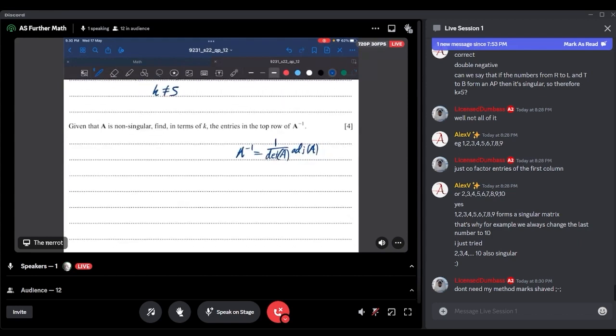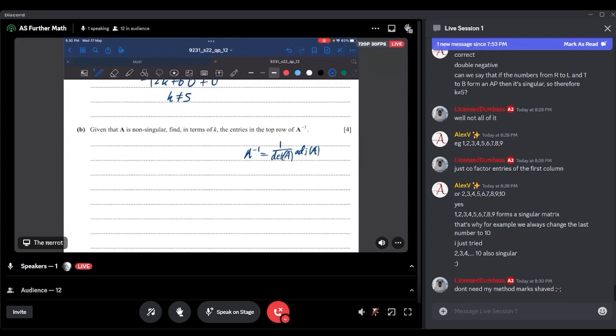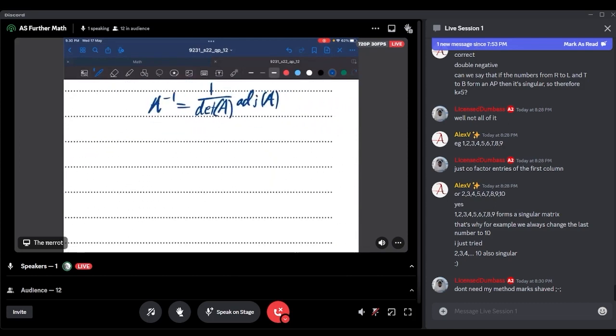And the adjoint matrix is basically the cofactor matrix, and then you transpose it.